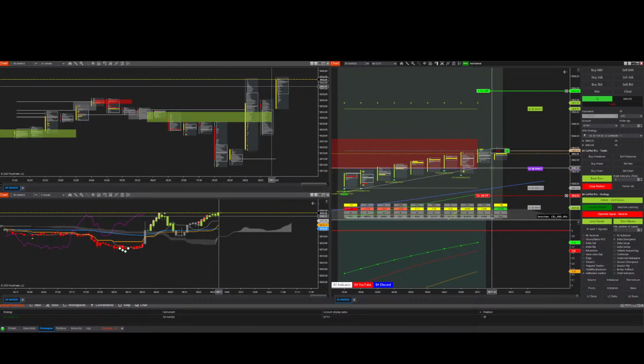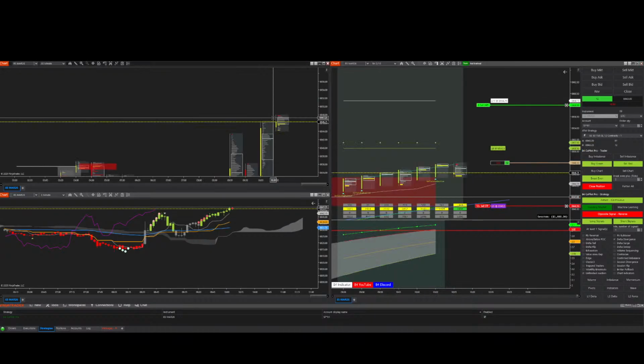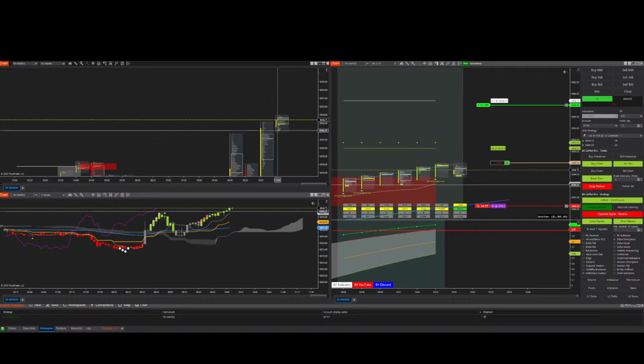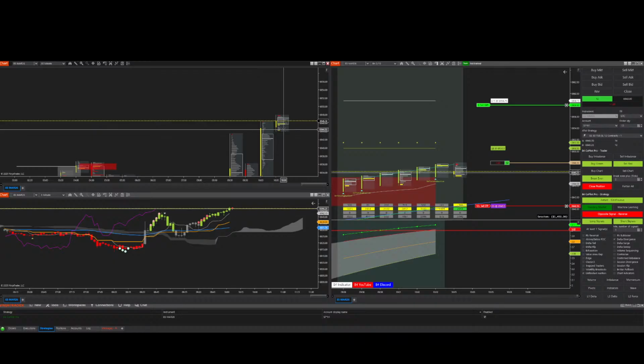Notice too, when we look at these bars here, the majority of the volume is at the top. Remember I said there's certain patterns that you learn with volume profiles? I don't want to see the majority of the volume at the top of this bar. I want to see the majority of the volume at the bottom of this bar.